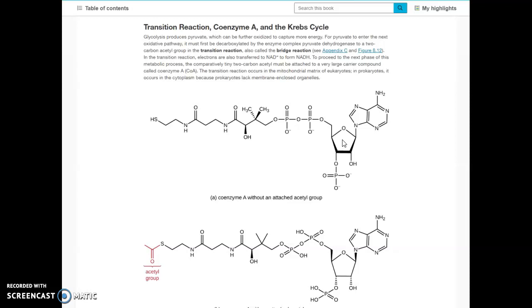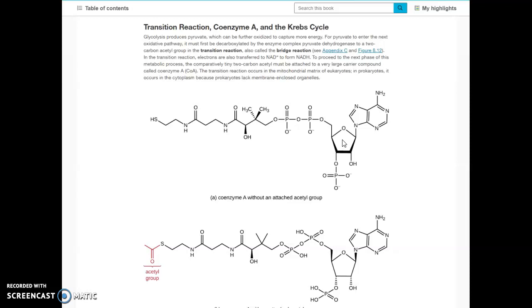And so if we're going to move into that pathway, we have to go through a transition reaction, or sometimes referred to as the bridge reaction. And in this transition reaction, electrons are going to be transferred to the NAD plus to make some more NADH. And we're going to use this carrier compound called coenzyme A.